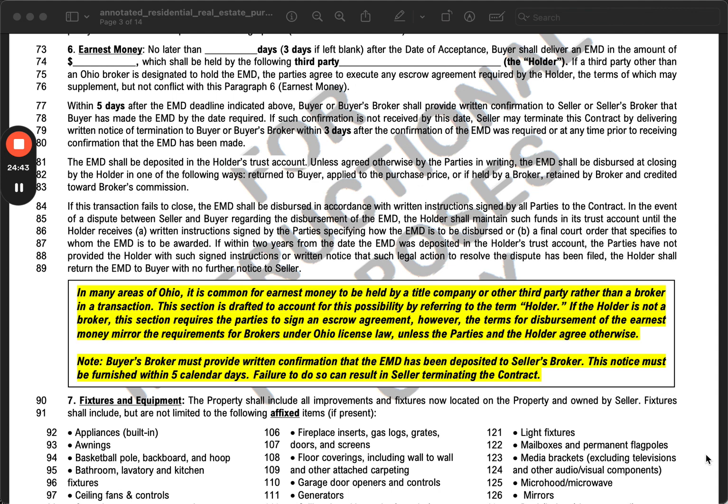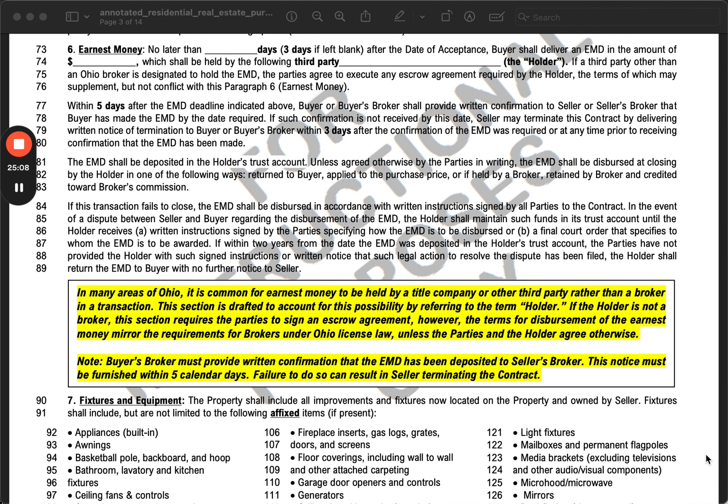Even if they have not yet sent notification that they're terminating the contract, and the buyer were to deposit that money on days 6 or 7, the seller still has the ability contractually to cancel this agreement because it was not deposited by the originally intended and agreed upon 5 days that was written for this example I'm talking about on line 73.